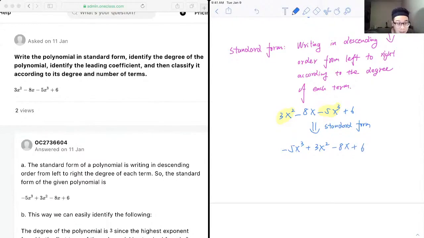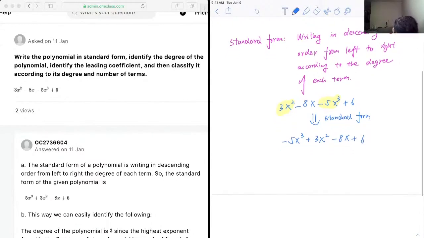So that's what a standard form should look like. When you look at the exponent, you can see here we have x cubed, here we have x squared, here we have x, and for the constant, the exponent will just be 0.